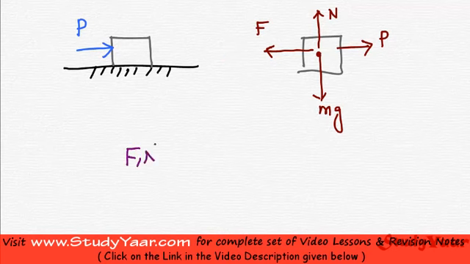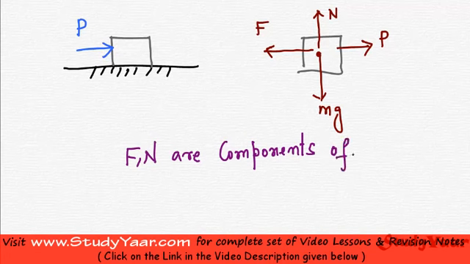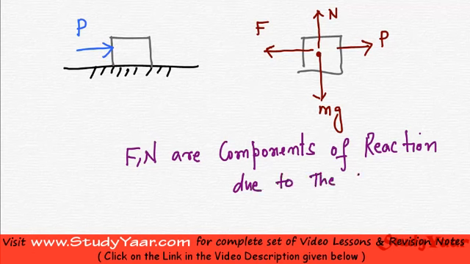F and N are components of reaction due to the other surface, or due to the rough surface. N is my normal component, F is my horizontal component.